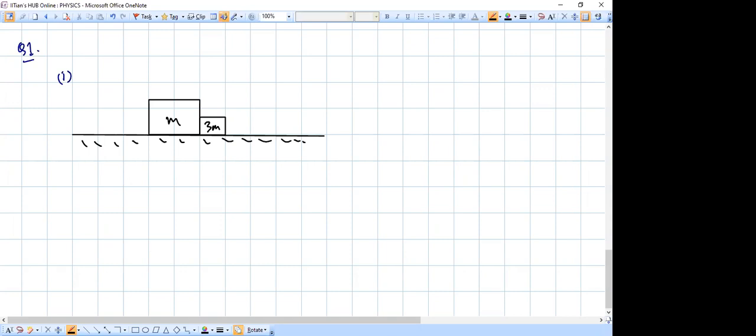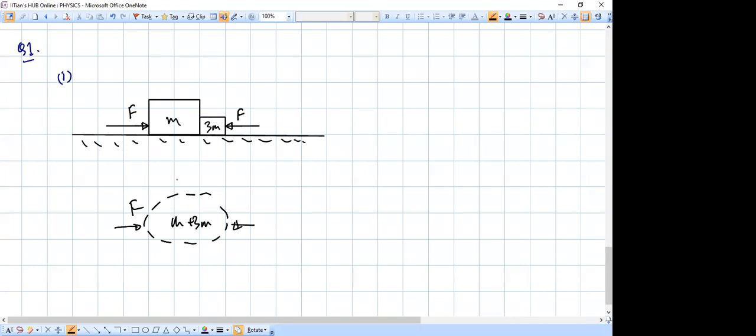Okay, now the first part is very simple. You can see you are applying a force F from this side and an equal and opposite force F from this side. So you can see that if you think of it like a system of mass m plus 3m, you have equal horizontal force from both the sides.